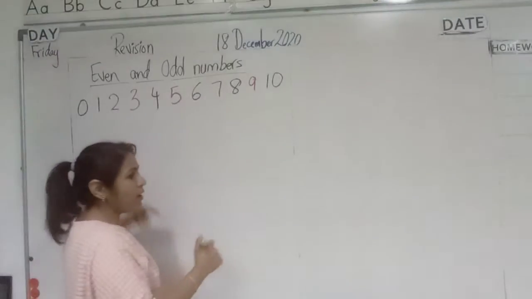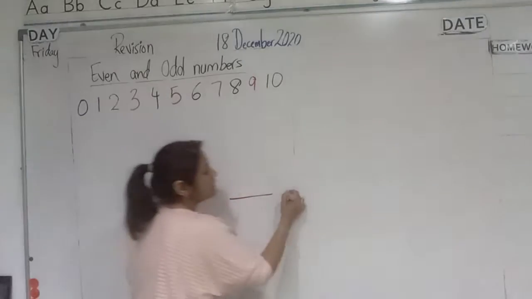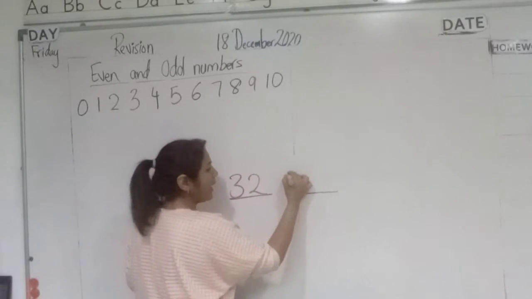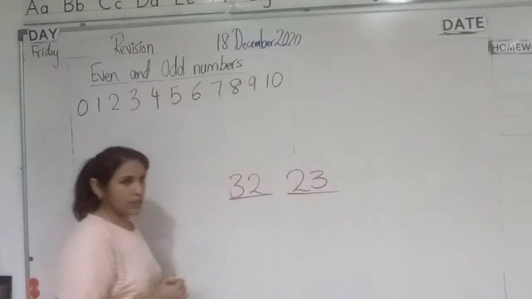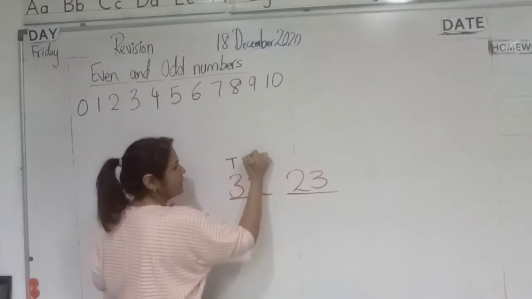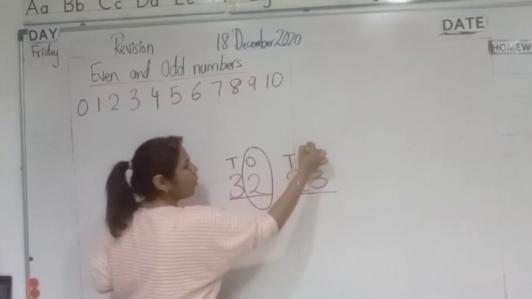So when there are double numbers, we always say, for example, 32 and 23. What we look at to decide whether it's an even or odd number is we look at their ones place.